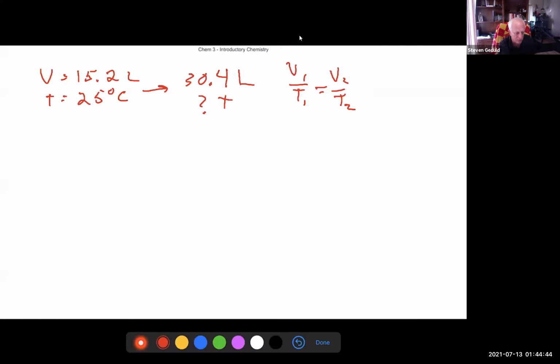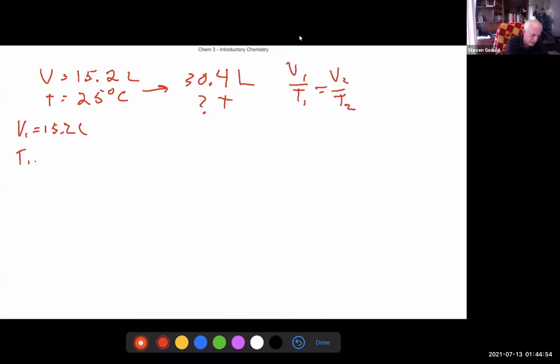All right. So now, what do we got? Our initial V1 was 15.2 liters. T1 is 25 degrees centigrade, and that's equal to 273 plus 25 equals 298 Kelvin.